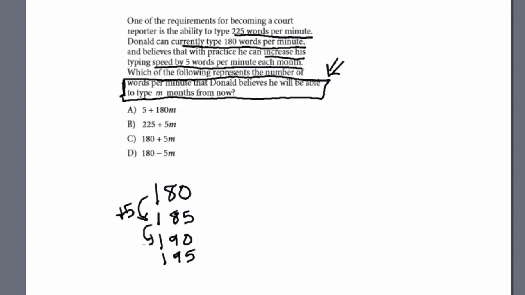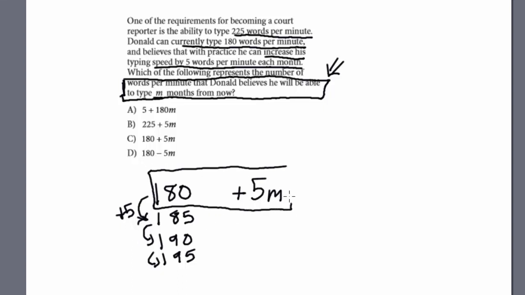The idea is that every additional month, which is represented by M, gives him an additional 5 words per minute. If he starts with 180, and every additional month, 1 month, 2 months, 3 months, he gets an additional 5 words, this right here is our expression.